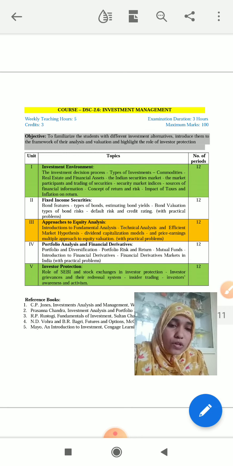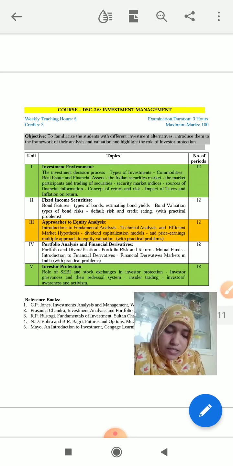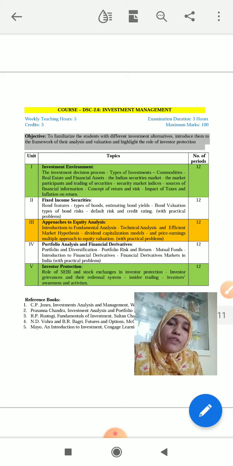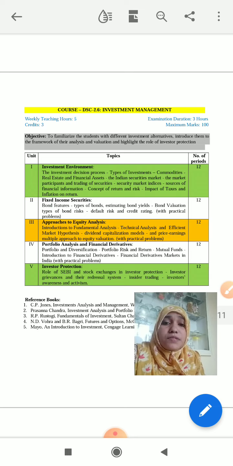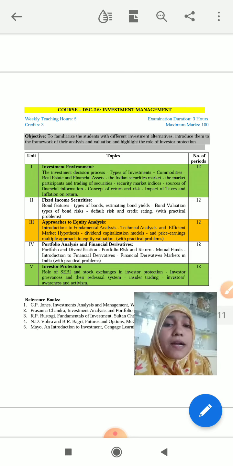The different types of investment are stocks, bonds, investment funds, bank products, etc. In simple terms, investment is nothing but investing your savings to get more and more profit in the future.